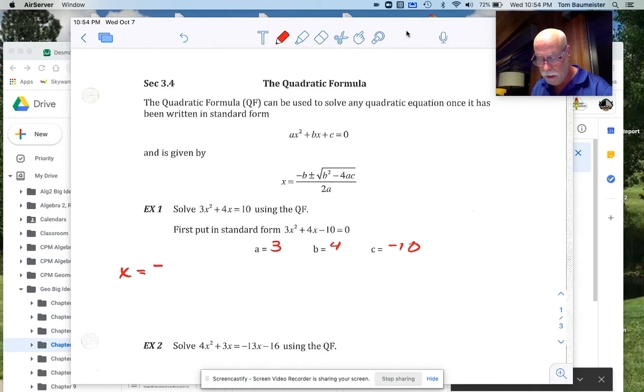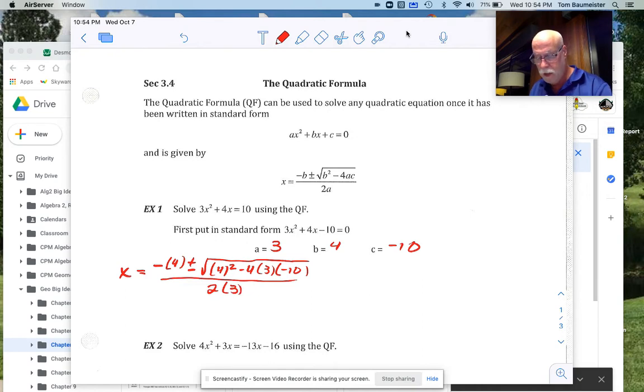So I'm going to have negative, I have 4, so I'm putting parentheses around it, plus or minus the square root of 4 squared minus 4, a is 3, c is negative 10, and all of that is over 2 times a, which is 3.